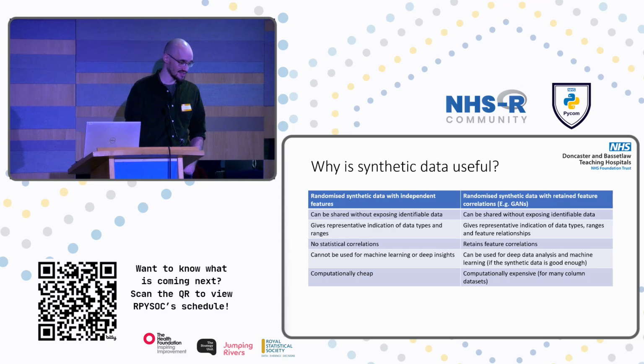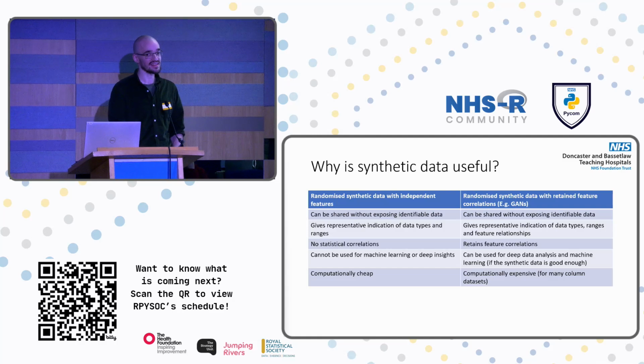On the other hand, there is another type of synthetic data which is quite a lot more difficult to generate and quite a lot more interesting, I think, which is synthetic data where you are able to retain the correlations between columns within your data sets. So, for example, it is not coincidence that in the case we just saw, the patient was both under the care of a diabetic medicine consultant and on a ward that specializes in diabetic medicine.